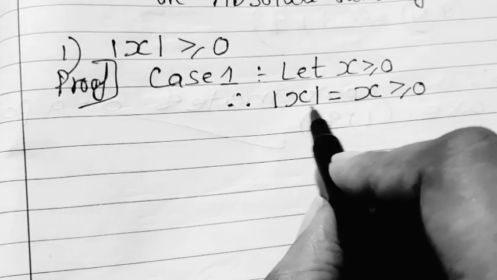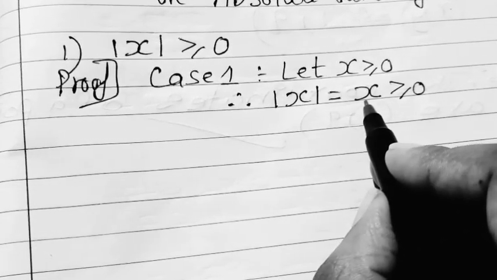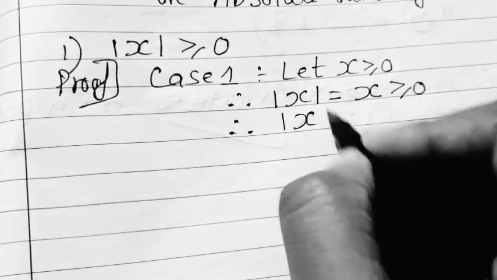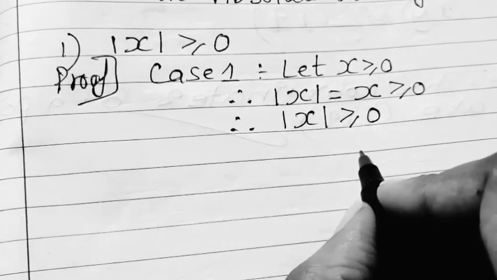So if modulus of x is equal to x, when we remove this out of the modulus, you will get positive x. Therefore, I can say that modulus of x is greater than or equal to 0. In case 1, we got this.